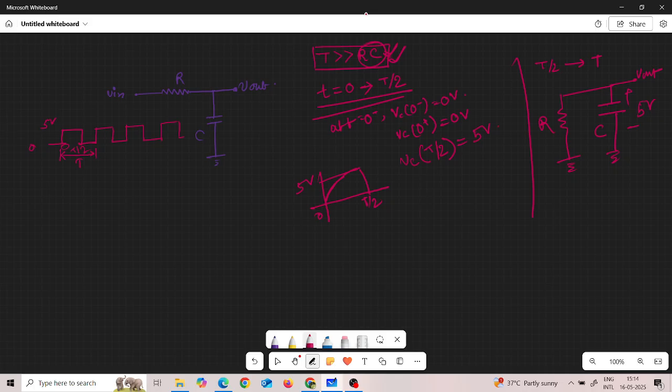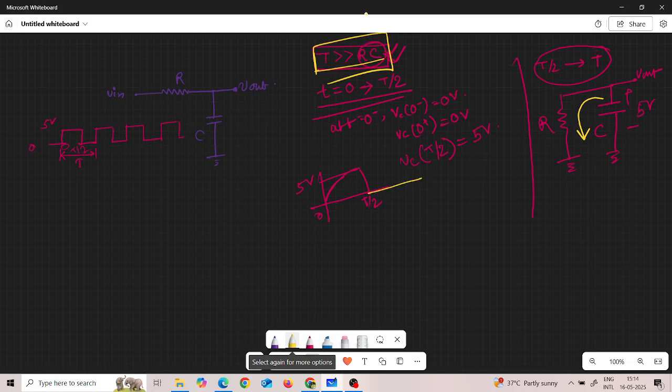In this period T by 2 to T, the capacitor will discharge through this resistor, and as T is very much greater than RC, the capacitor gets sufficient time to fully discharge.